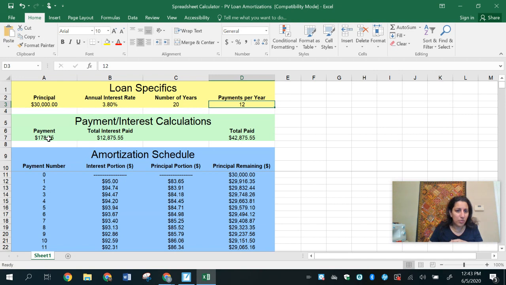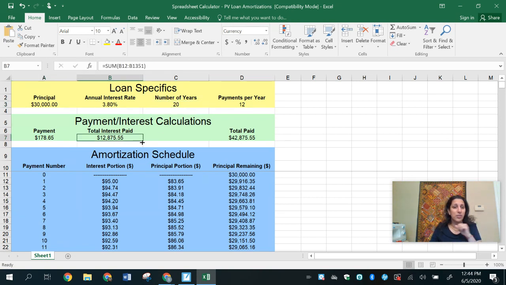Now, take a look in the green section here, 178.65. That is the actual dollar amount that you are paying out of your pocket to the bank that lent you the money. That's not that much money, actually. That's 178 bucks a month, but look, you're doing that $178 a month for the next 20 years.